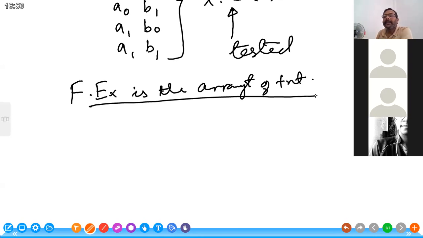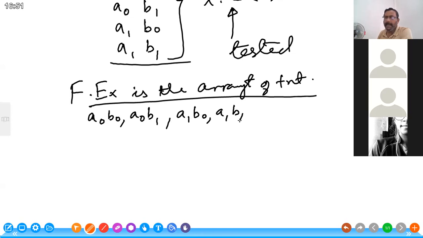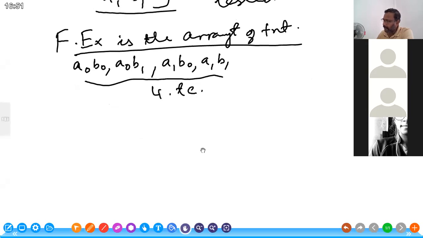It is a treatment arrangement. Now, what are the treatment arrangements in our case? A0, B0 is the first. A0, B1 is the second one. A1, B0 and A1, B1. So 4 treatment combinations. Now these are the ones which we call our treatments.